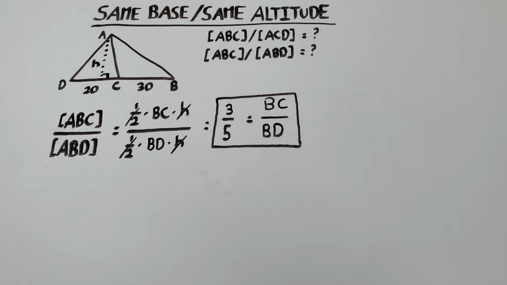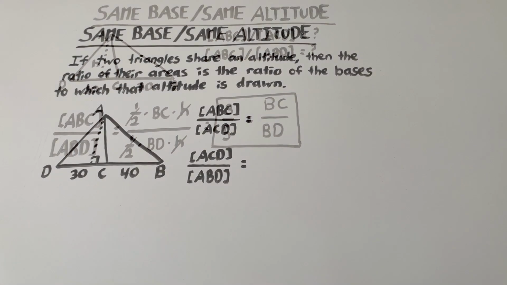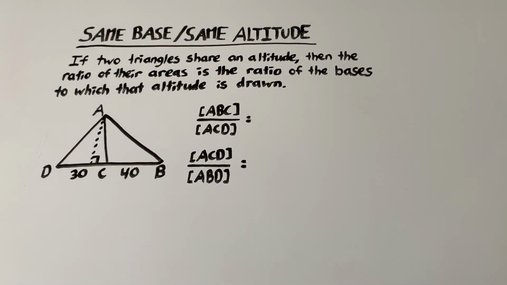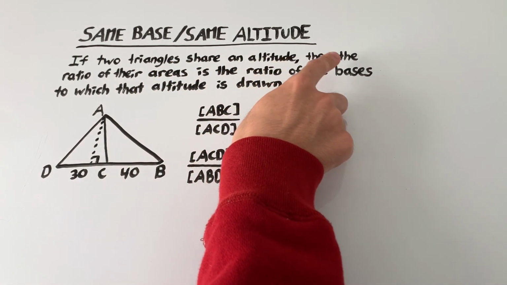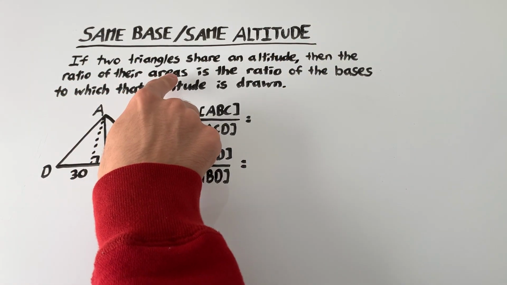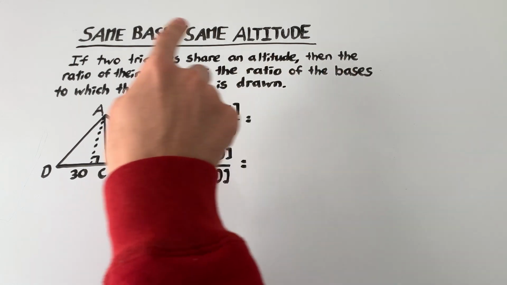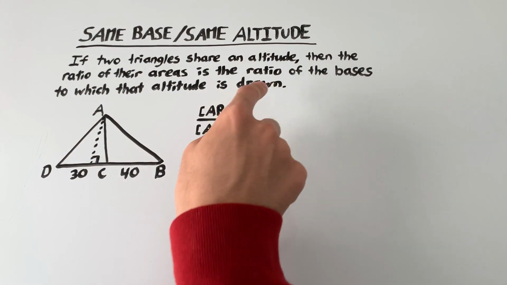So now let's take what we've learned from our two examples and make a general statement. If two triangles share an altitude, then the ratio of their areas is the ratio of the bases to which that altitude is drawn.